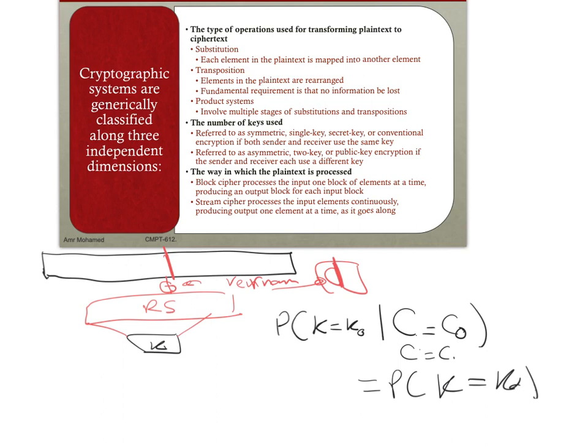So XORing allows the error to be propagated exactly as is. So it remains localized in the message, which means that one of the very important advantages of stream ciphers is that it's very tolerable to natural network errors. Very tolerable.